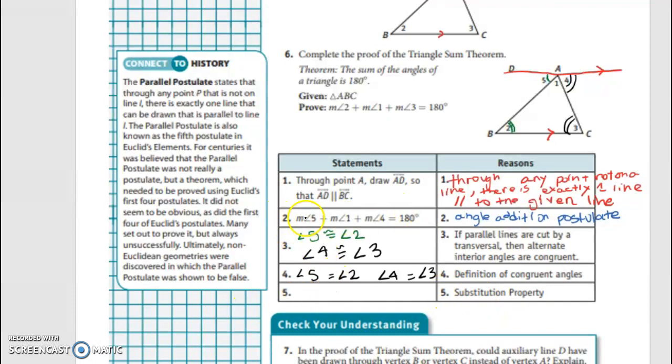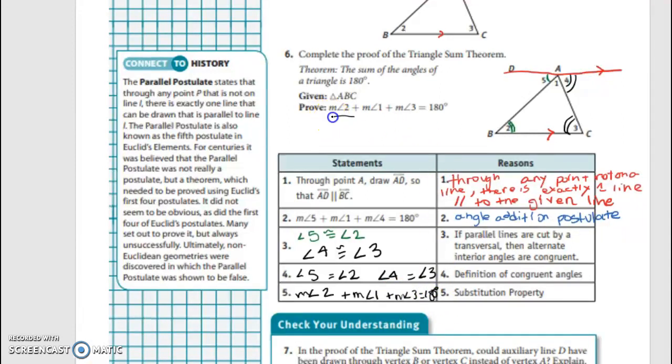So we're already given an equation. So up here it says the measure of angle 5. Well, we know that angle 5 equals angle 2. So instead of saying angle 5, we just put the measure of angle 2 plus the measure of angle 1 plus, we just proved that 4 is equal to 3, so the measure of angle 3 equals 180 degrees.